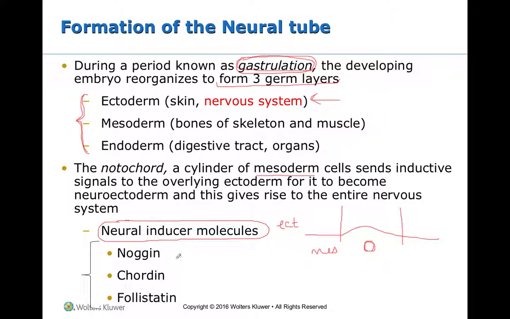This is due to the fact that noggin, chordin, and follistatin, which are neural inducer molecules, are actually released from the mesoderm and go to the ectoderm and tell the ectoderm that will receive that information to become nervous system, or to become neuroectoderm. The area of ectoderm that does not receive this signal is going to be bound to become skin.